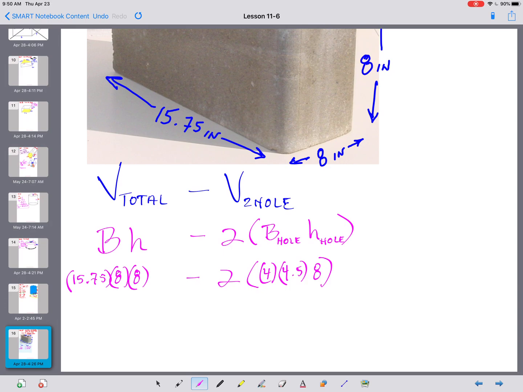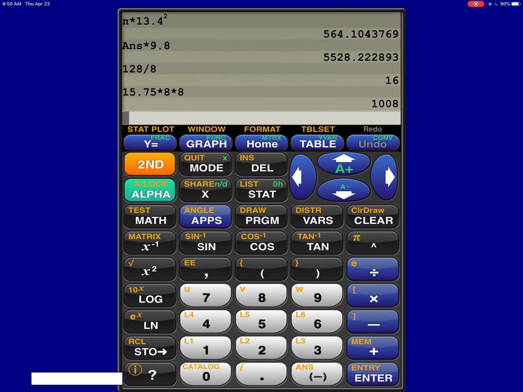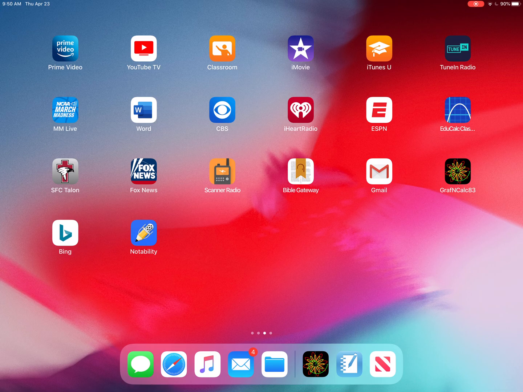Volume total over here on the left, minus 2 times the volume of the holes. Let's do it. 15.75 times 8 times 8. It's really length times width times height. That's how we get that volume. There it is, 1008.